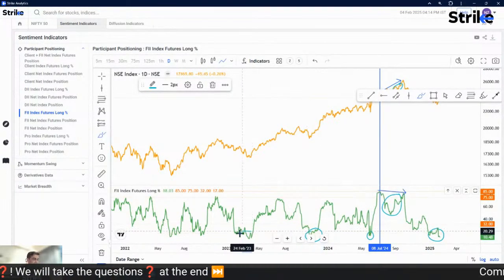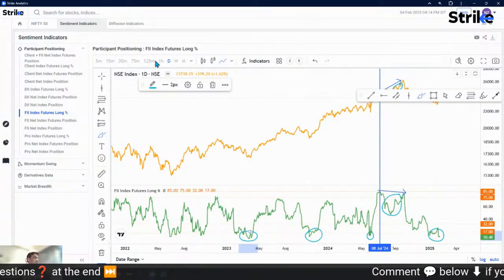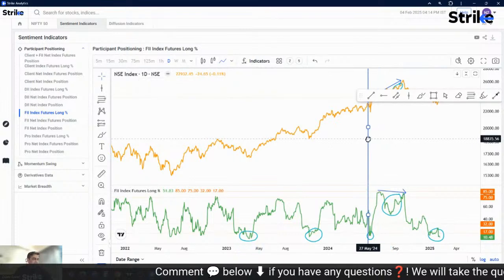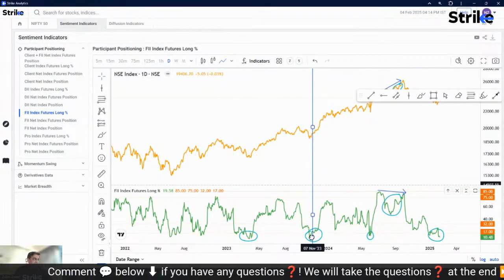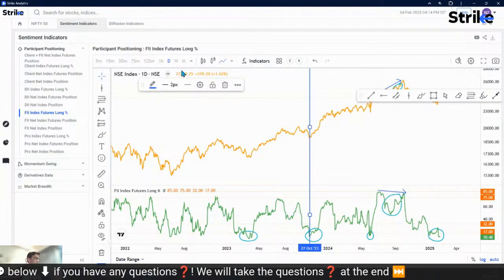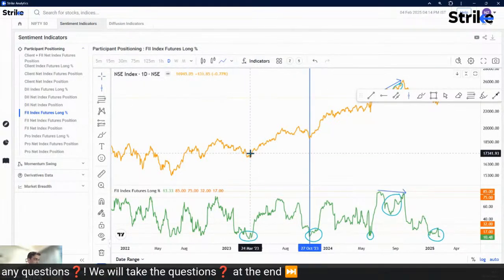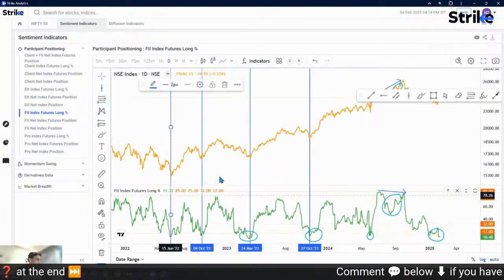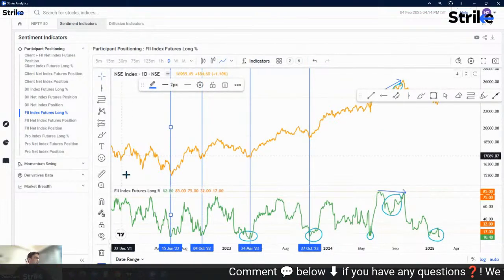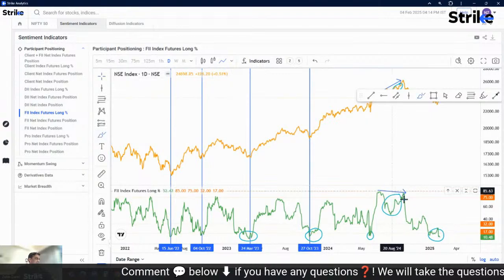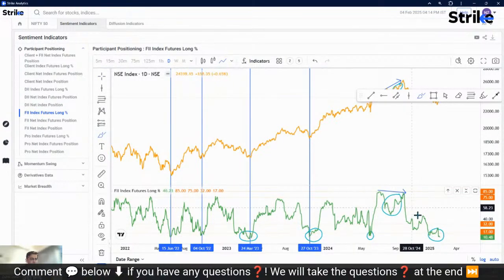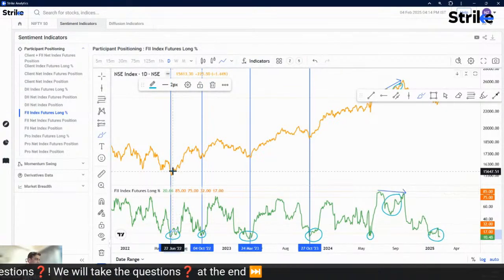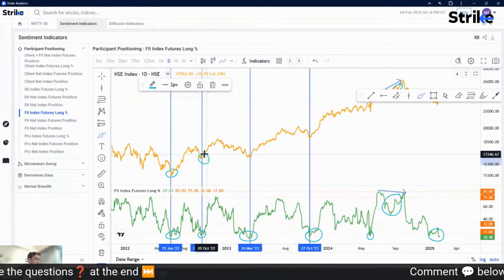This is where we can invest, as an investor, at these levels. Look at these, some bottom levels that are formed over here. Let me draw these levels. So you can see that when the FIIs have created shorts, and it comes to extreme short readings around those levels, everywhere around those levels we have seen a market bottom.